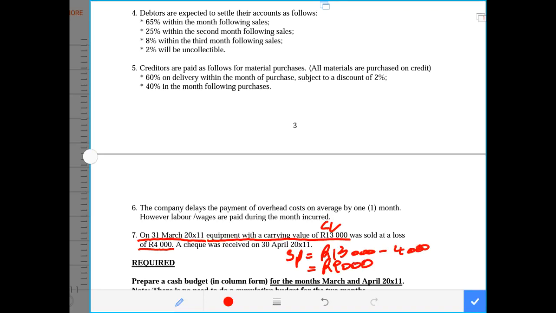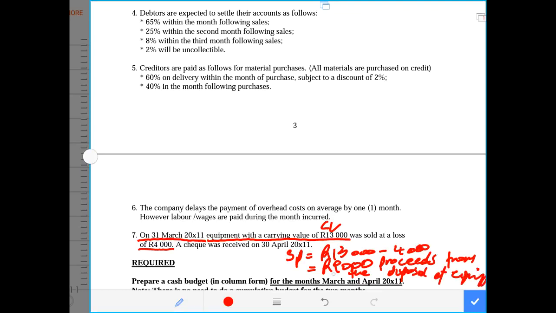Remember, this is a cash budget. We focus on the cash that flows into the business or out of the business. So this will be recorded as proceeds from the sale of equipment, or from the disposal of equipment, the right term, the disposal of equipment.